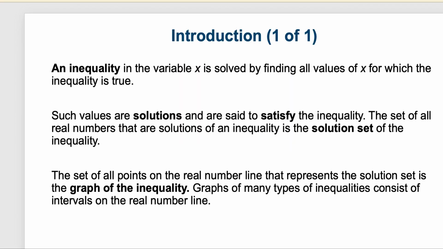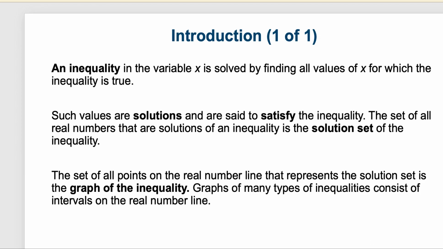Firstly, take a look at the definition of inequality. An inequality in the variable x is solved by finding all the values of x for which the inequality is true. This definition looks just like the definition of an equation, where the solution is all the values of x for which the statement is true.